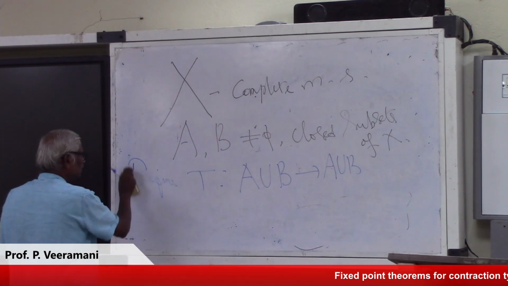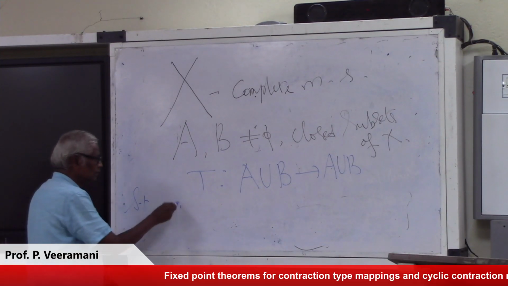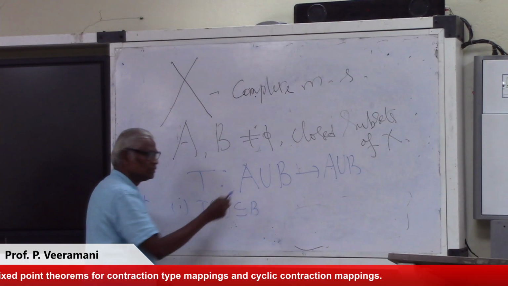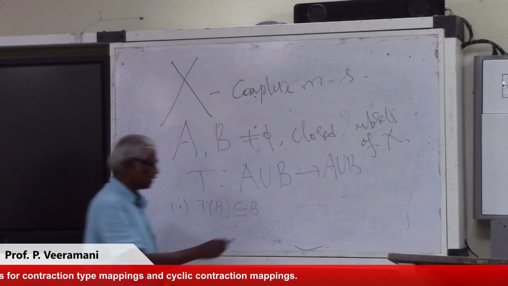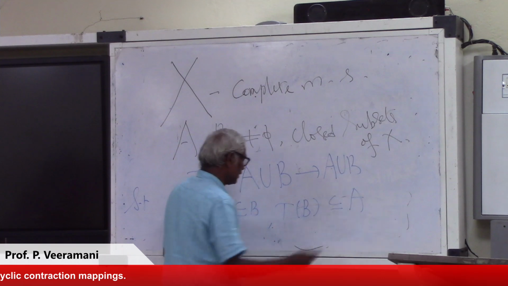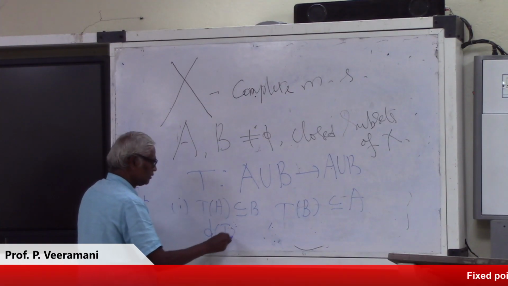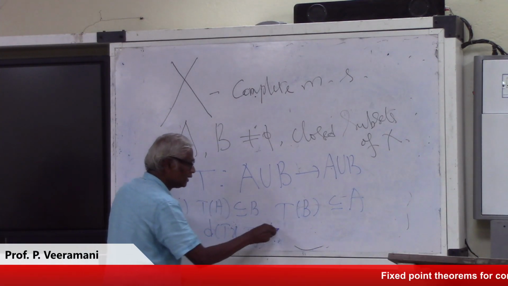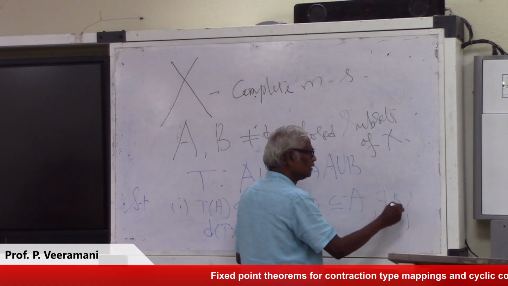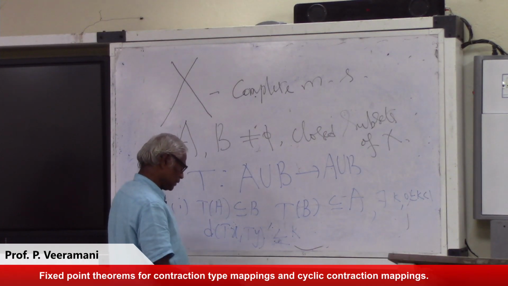One, T maps every element in A to an element in B, and every element in B to an element in A. And the distance between Tx and Ty is less than or equal to K times, where there exists K, non-negative and less than 1.